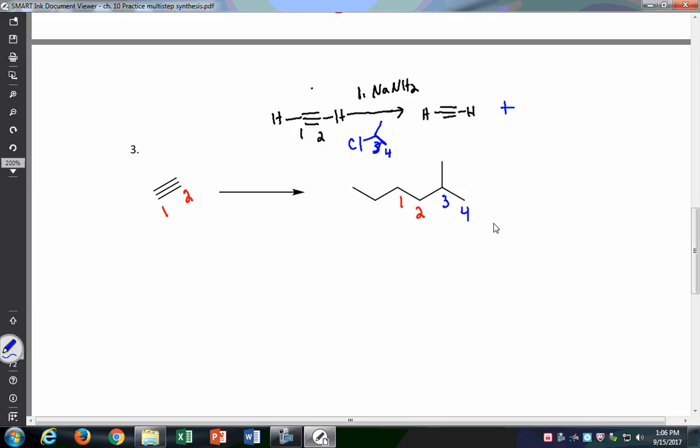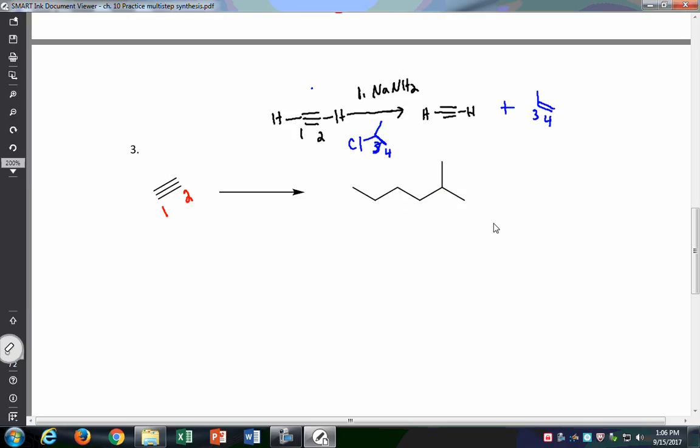We can't do an SN2 with this secondary because there's a competing reaction that's going to happen faster. E2. So instead we're going to form our triple bond and form this elimination. That's not our final product, so that can't be our triple bond, because our limitation is our alkyl halide has to be primary. Does everyone see that? So that can't be our triple bond.